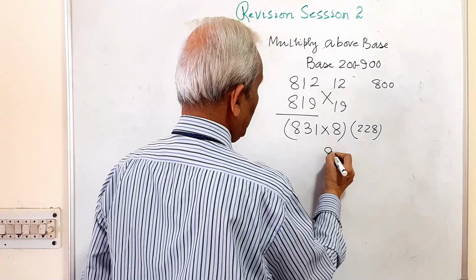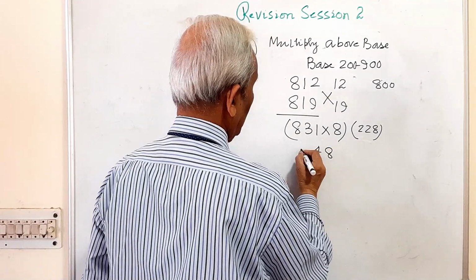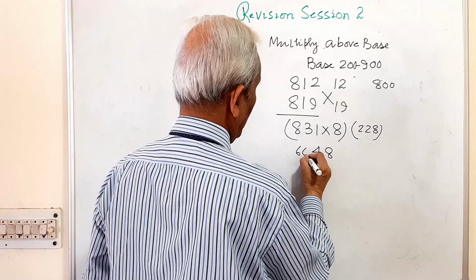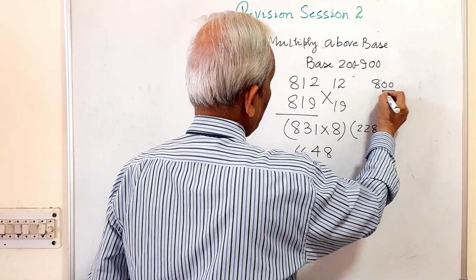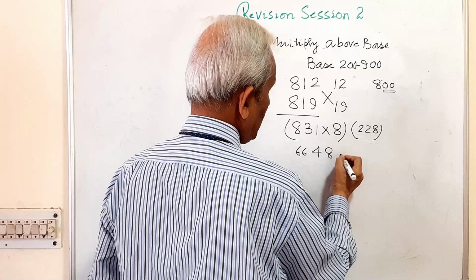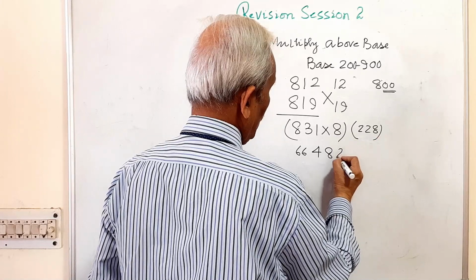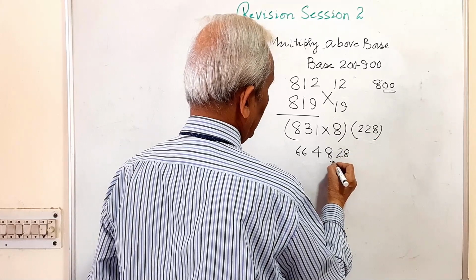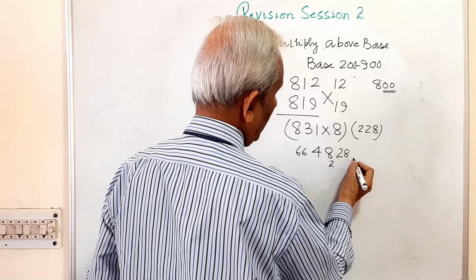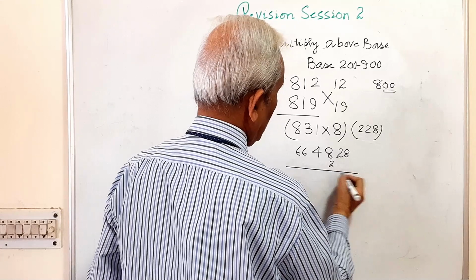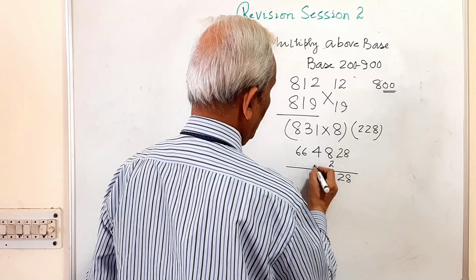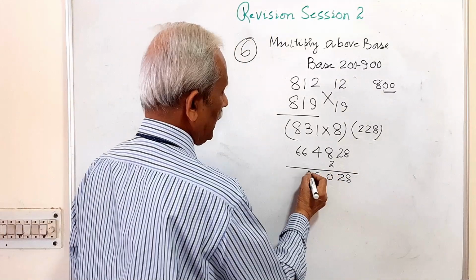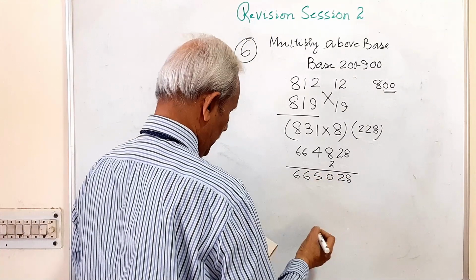This becomes 6648. And this base has got 2 zeros, so we can write 2 digits here. 228, we'll write 28 here and 2 carries over. So 28, 48 plus 2 is 50, 4 plus 1 is 5, and 6 and 6. 665028.